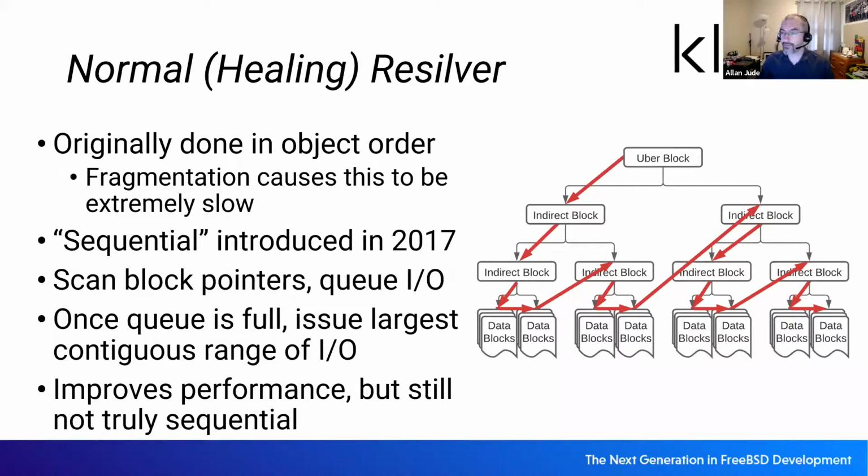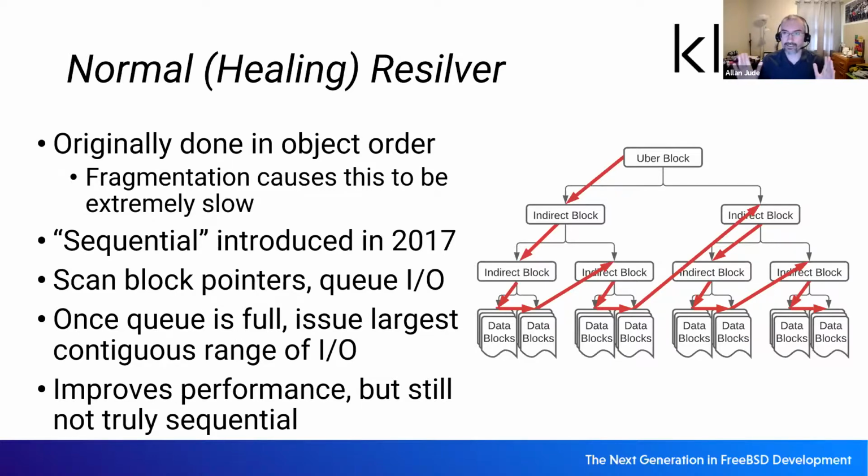In the newer version, the sequential resilver that was introduced back in 2017, instead of doing all of this in that specific order, what it will do is when it finds a data block, it will add it to a list, a range tree, saying, all right, I know I need to scan these two blocks of the disk. And then it goes on and finds the next data block and the next data block. And it builds up this queue in memory up to a limit, which defaults to 600 megabytes of memory, or smaller depending on how much RAM your system has.